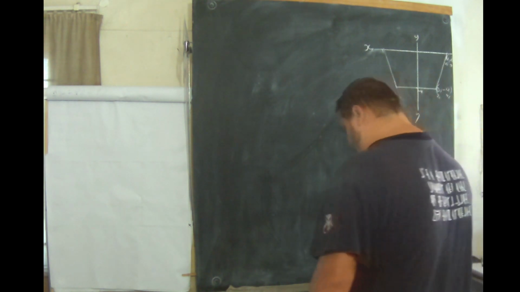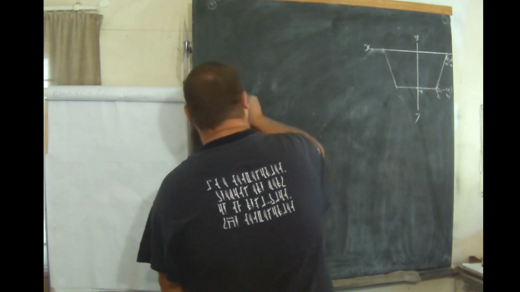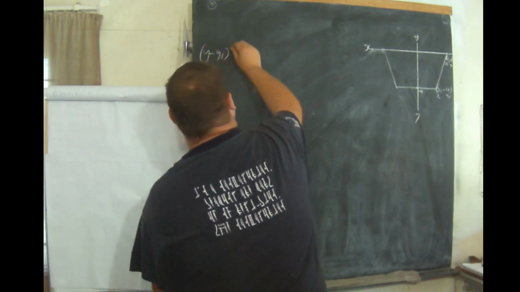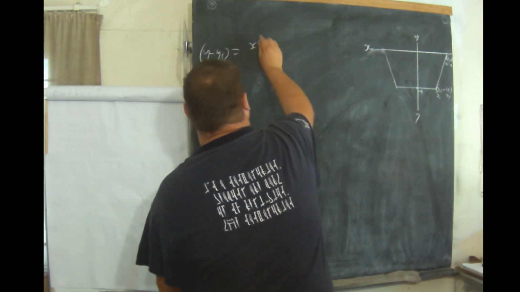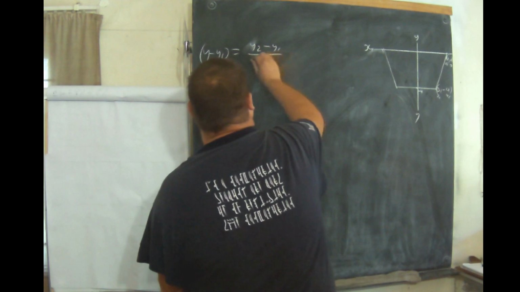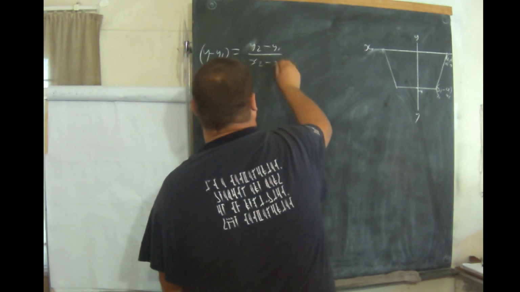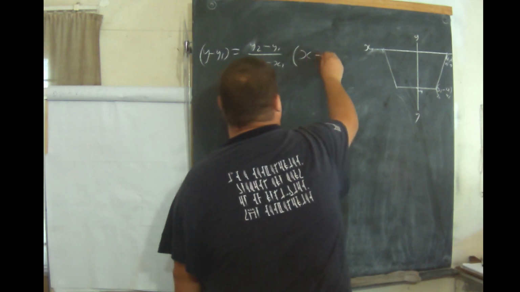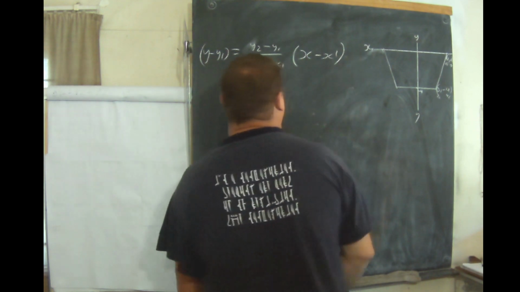Okay, so what we're going to do is say y minus y1 equals y2 minus y1 over x2 minus x1 multiplied by x minus x1.